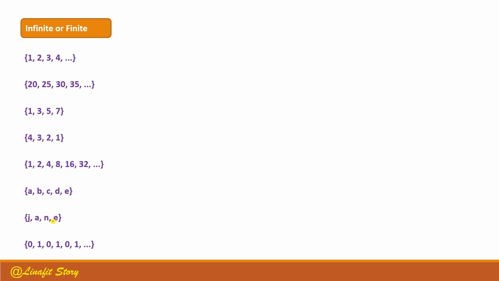J, A, N, E is the sequence of letters in the name Jane. 0, 1, 0, 1, 0, 1, and so on is a sequence of alternating zeros and ones. They are in order. It is an alternating order.